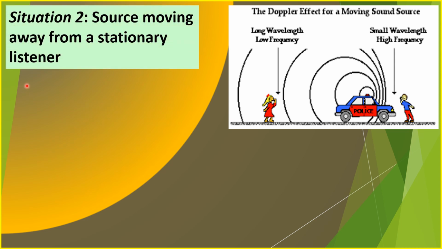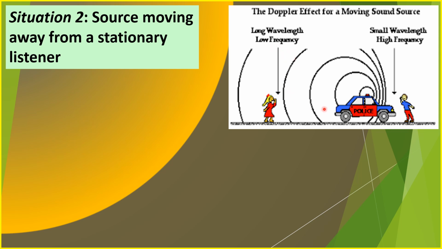Okay, situation 2 is if the source is moving away from a stationary listener. So using the same sketch, we have this stationary listener, this lady observer, who is behind the car that is moving away from her. So the source of the sound is receding or moving away from the listener, and the frequency or pitch that will be heard by this observer is a low frequency sound or low pitch.